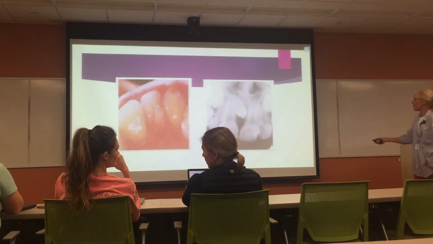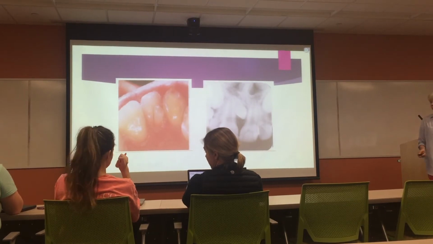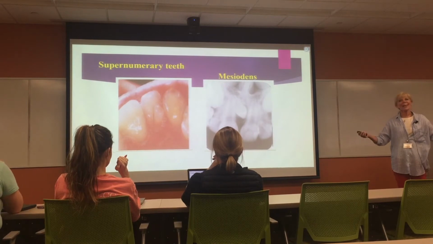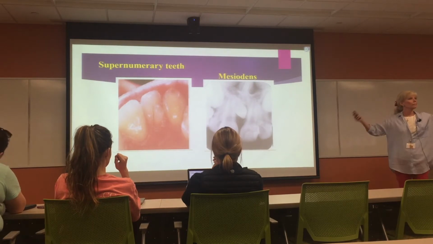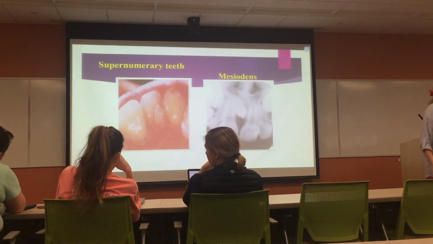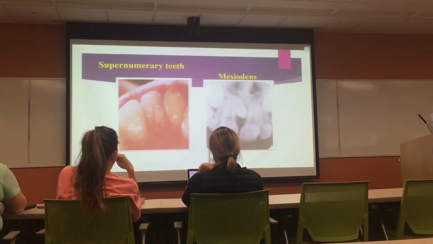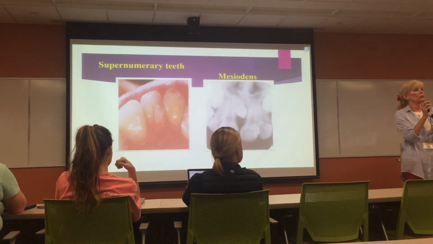Oh, what is this? Mesiodens. Good. See, it's all about the terminology, if you remember those words. Is dens invaginatus the same thing as mesiodens? Well, dens invaginatus is where a tooth is forming kind of from another tooth, almost like a gemination.